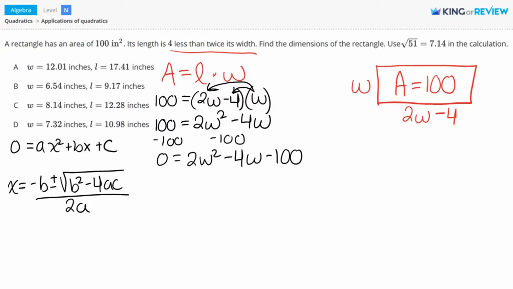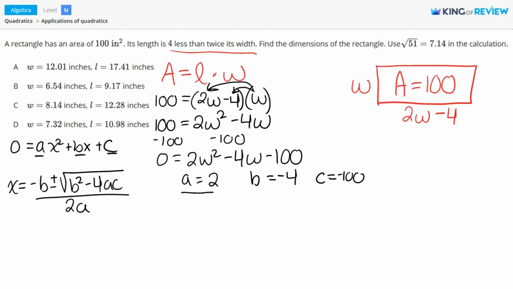The a, b, and c values come from these numbers here. So in our equation, a equals 2, b equals negative 4, and c equals negative 100.